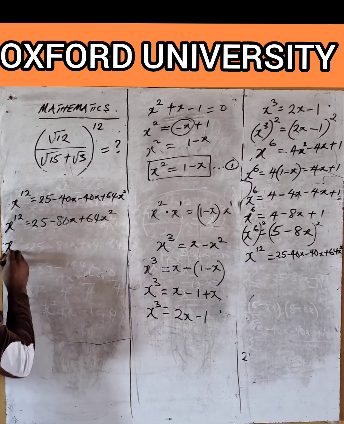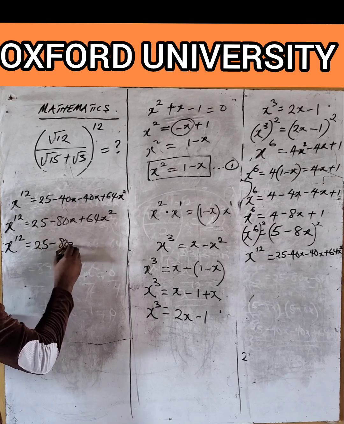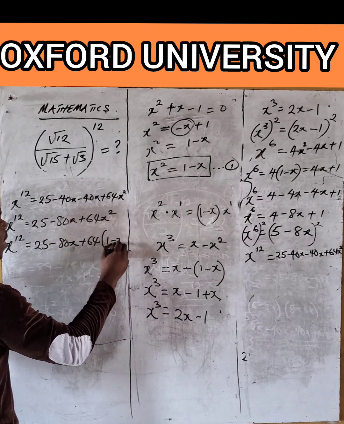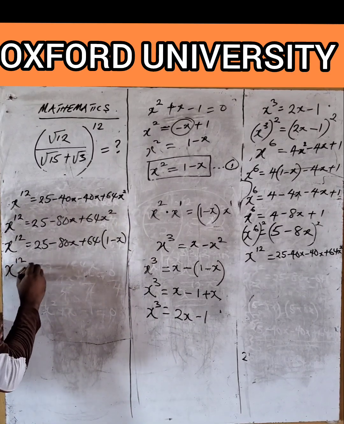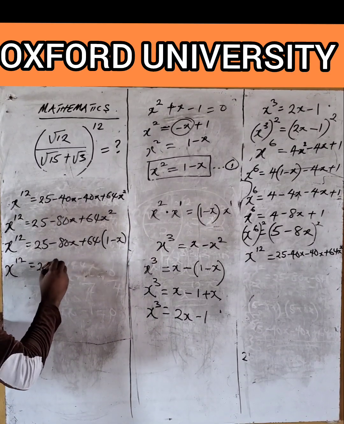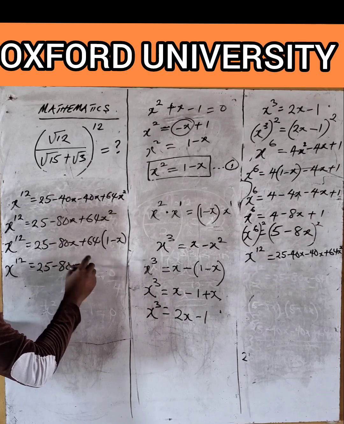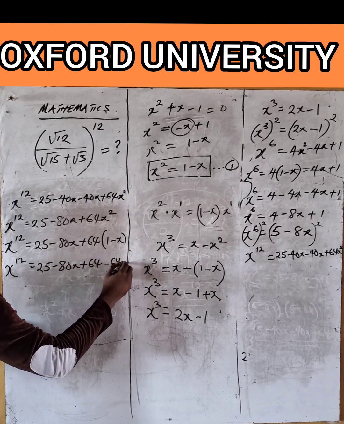So we'll be having that x raised to the power 12 will be equal to 25 minus 80x plus 64 times our x squared, which is 1 minus x. And as such, we'll be having that our x raised to the power 12 will be equal to 25 minus 80x plus 64 times 1 is 64, and plus 64 times minus x will give us minus 64x.